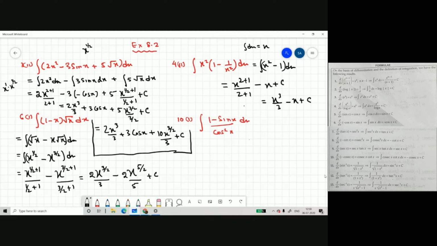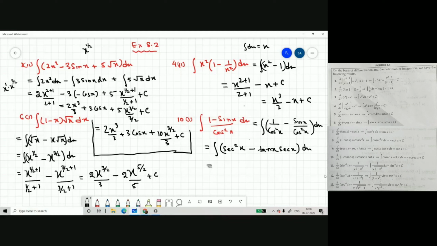Now look at 10 part 1. Integration of (1 minus sin x) by cos square x dx. Now this, can I write it like integration of 1 by cos square x minus sin x by cos square x dx, which becomes integration of sec square x minus tan x sec x dx.